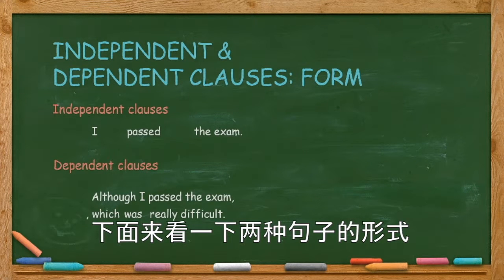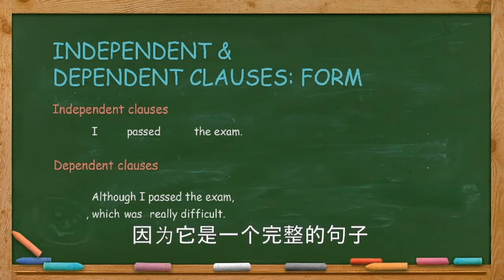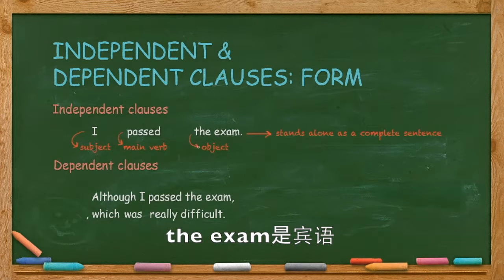Now we're going to study the form for independent and dependent clauses. I passed the exam is an independent clause because it stands alone as a complete sentence. I is a subject, passed is the main verb, and the exam is the object.